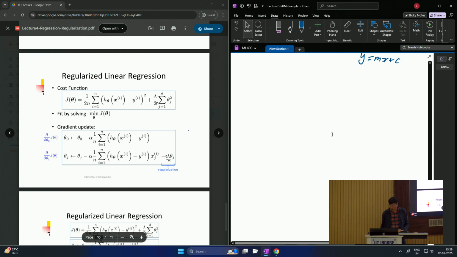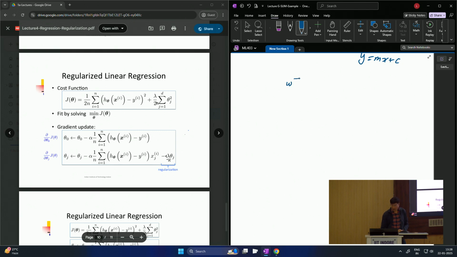When we are trying to write this in a hyperplane context, I'll share a resource on this also. What did we write? We wrote it as W transpose X plus B. You can take this and transform it into this form, and take this and transform it into this form. That you can always do. There is no problem.